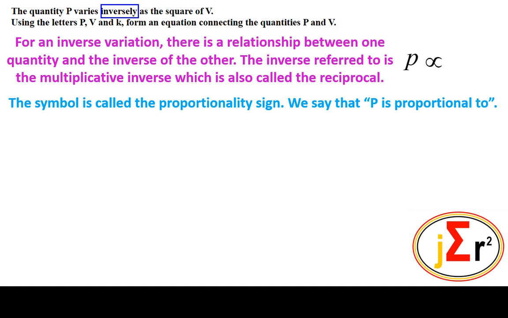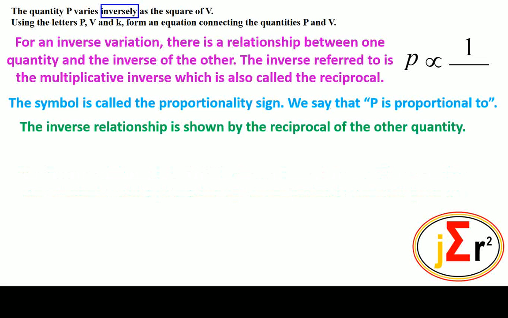Now, it varies inversely. What does that mean? Well, we discussed that before: for the inverse relationship, the relationship is between one of the quantities and the inverse of the other, and the inverse that is referred to is the multiplicative inverse or reciprocal. So we start by implying that we are going to have the inverse or reciprocal of one of the quantities.